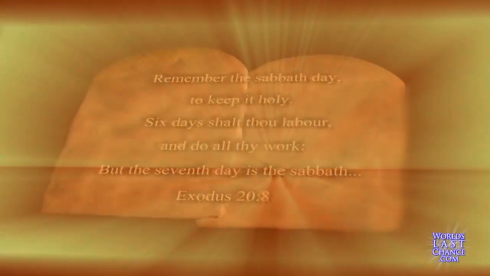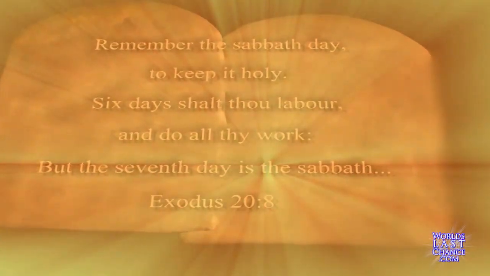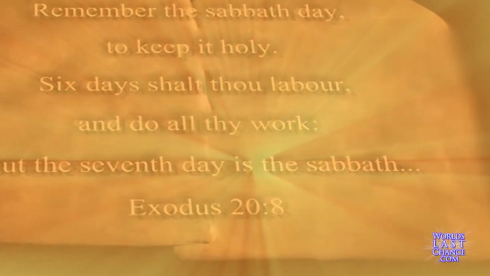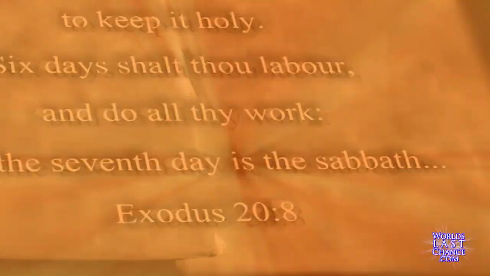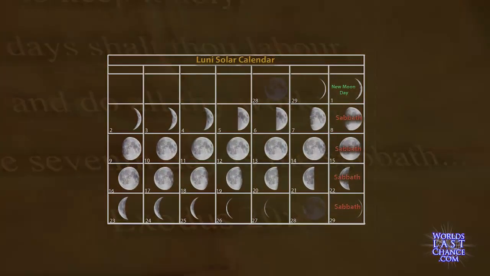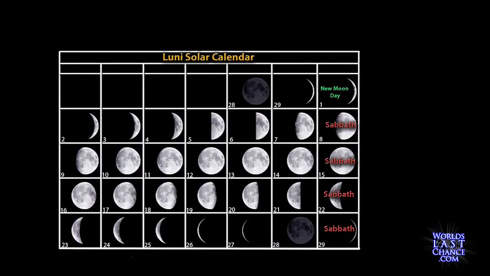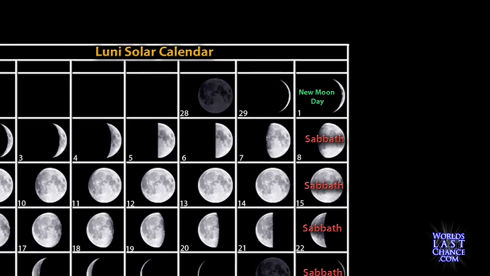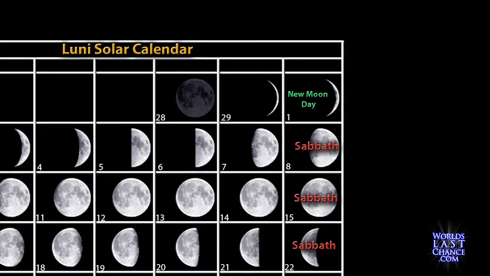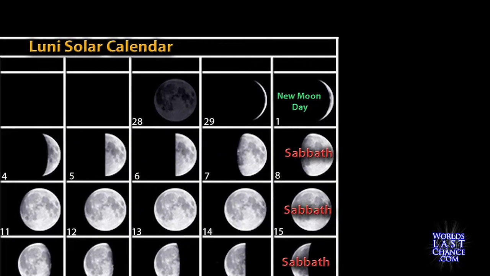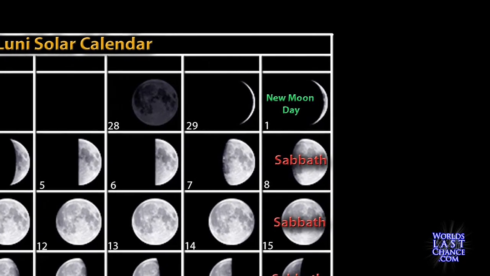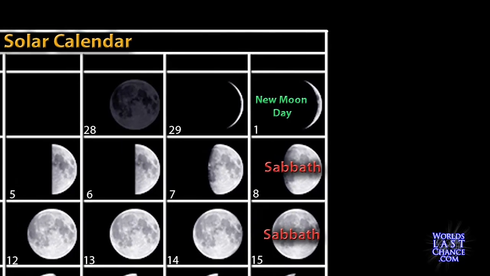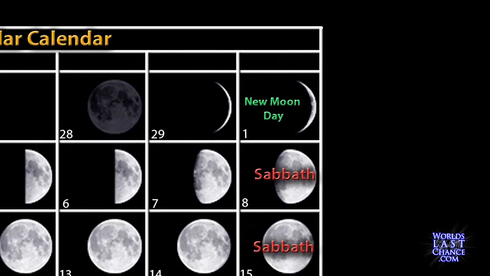Those desiring to show their allegiance to the Creator will worship Him on the day He has designated. To find the correct day of worship, the luni-solar calendar established at creation must be used. Scripture reveals that the calendar used for worship throughout all eternity will be based upon the new moon.